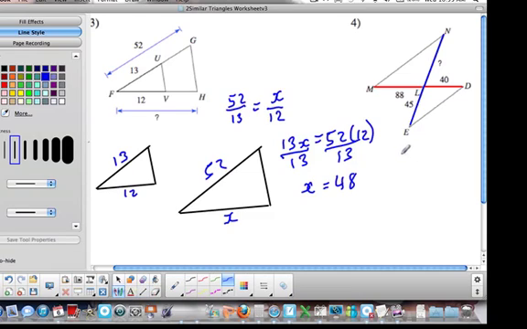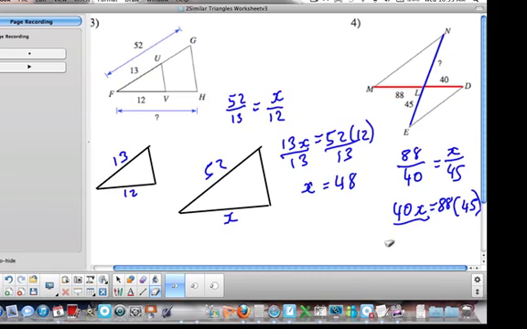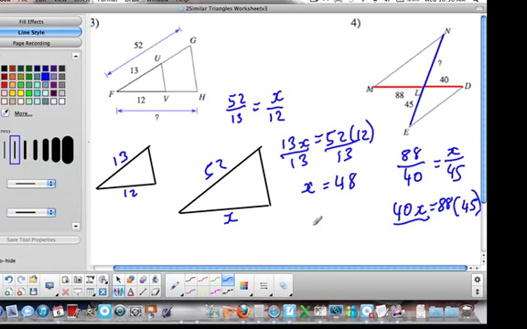So it'll be 88 over 40 is equal to x over 45. So cross multiply, that'll be 40x is equal to 88 times 45. So divide both sides by 40. You get x is equal to, I believe it's 99.